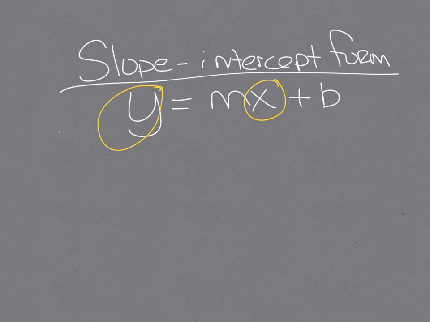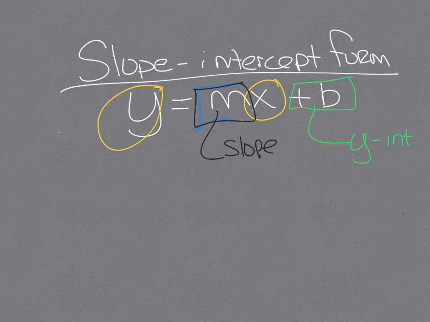This m is going to represent your slope, and then the b with the sign is going to represent your y-intercept.